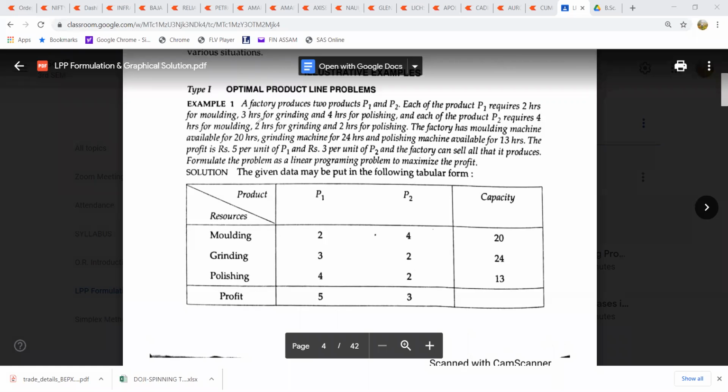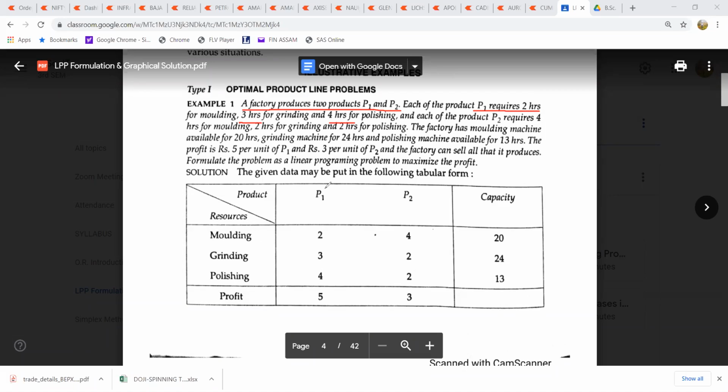Now see, the problem is this: a factory produces two products, P1 and P2. Each product P1 requires 2 hours of molding, 3 hours of grinding, and 4 hours of polishing. The data is given in the table.